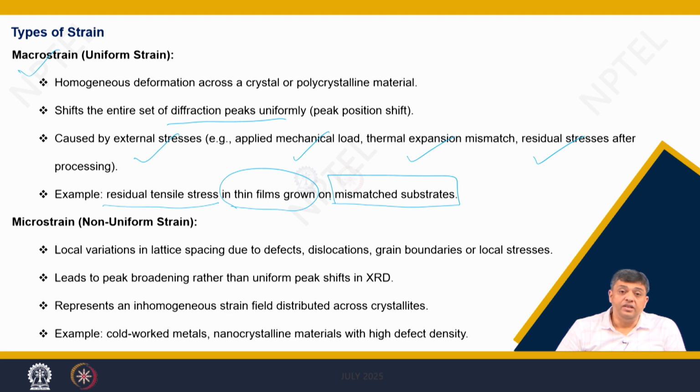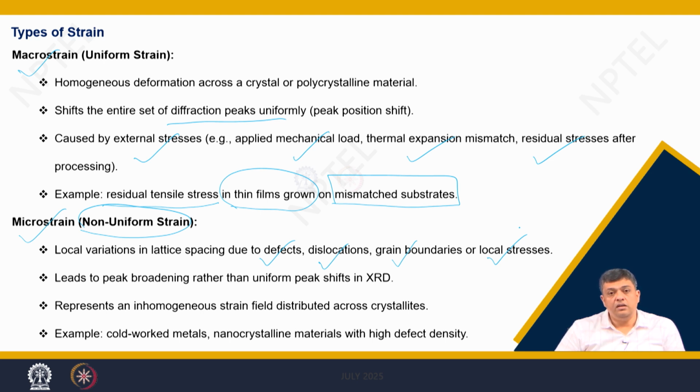Then you can have the second type of strain, which is called micro strain, or non-uniform strain. These are local variations in the lattice spacing due to defects or dislocations, grain boundaries or local stresses, which may appear because you can have coexisting phases in a solid solution.